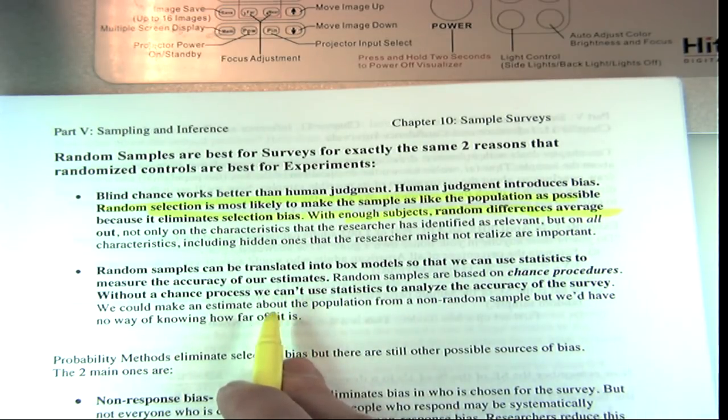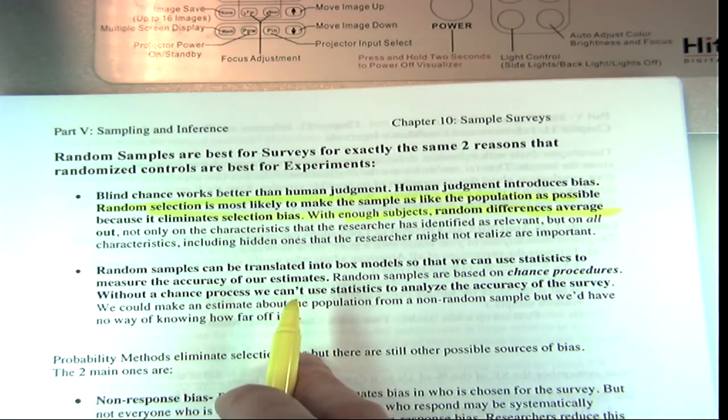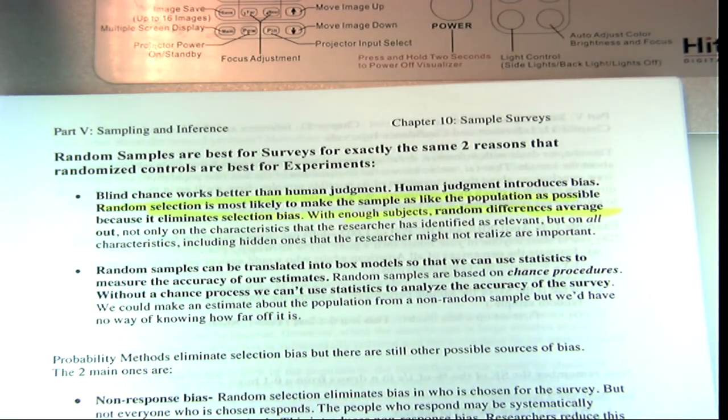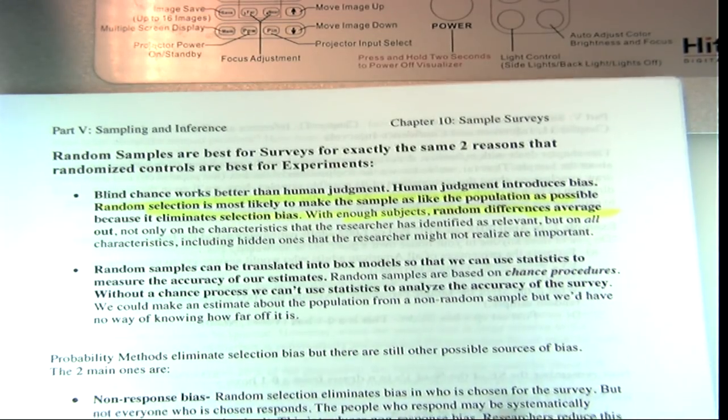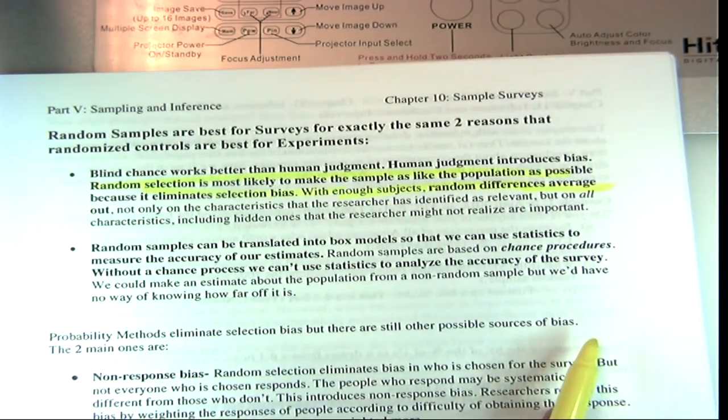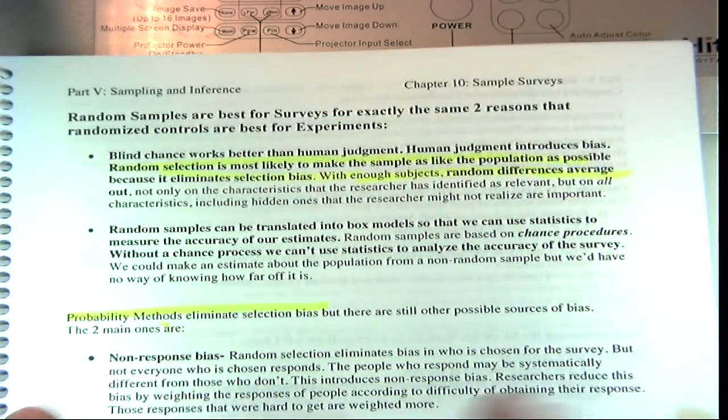So we have a way to measure, not only to do a point estimate, but to measure the wiggle room around that, how sure we are that our estimate's correct. Okay, so they eliminate selection bias, but there are still other sources of error.